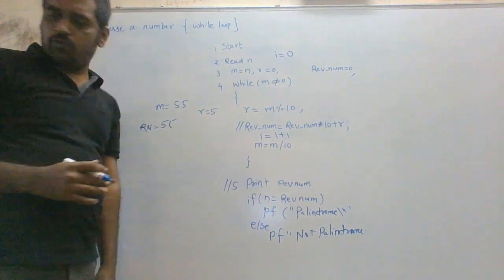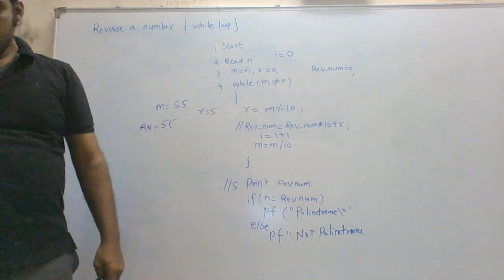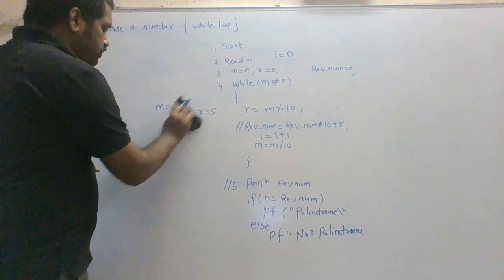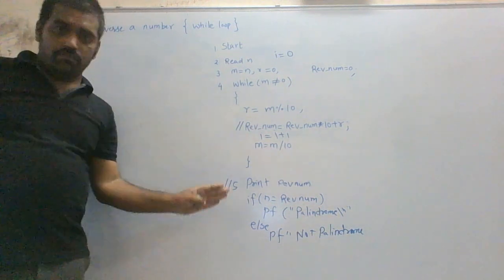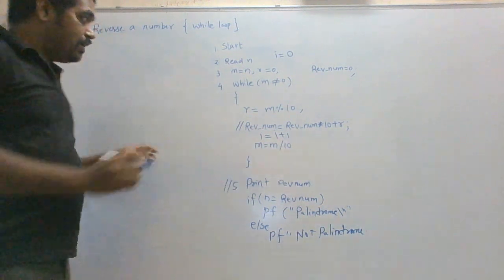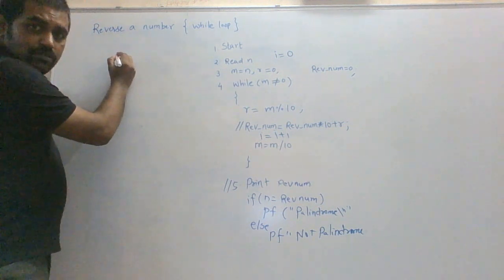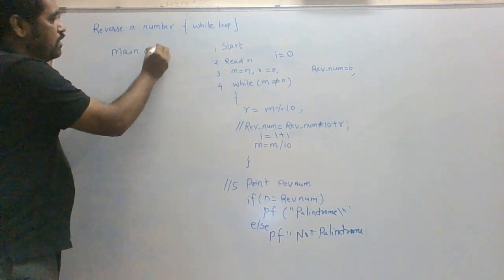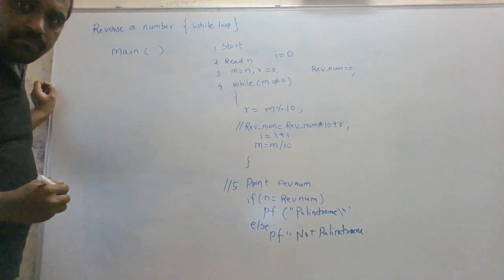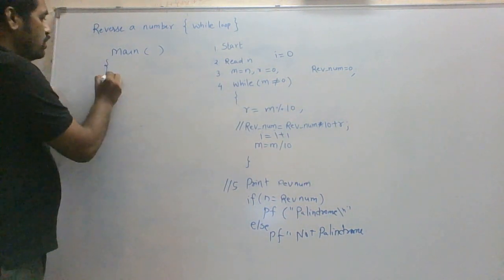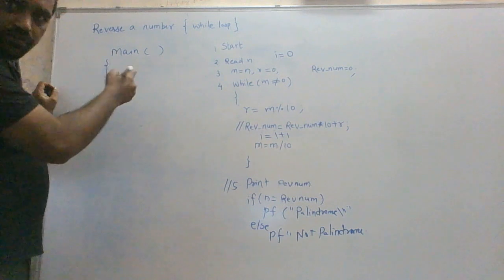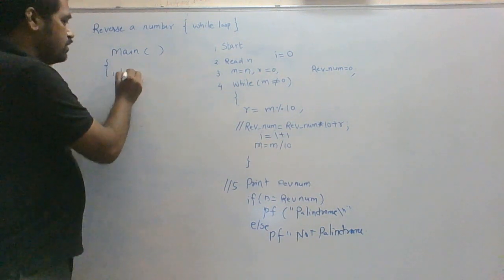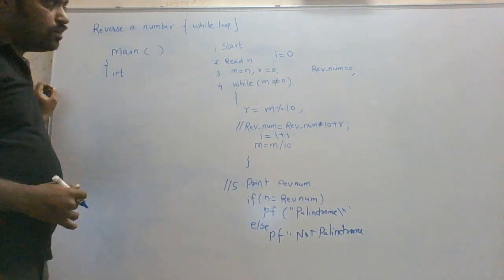So let me write the program in C programming structure. So this is the algorithm. And the program is we will start with main. Then we have to perform the initialization, so int, the declarations of all variables.